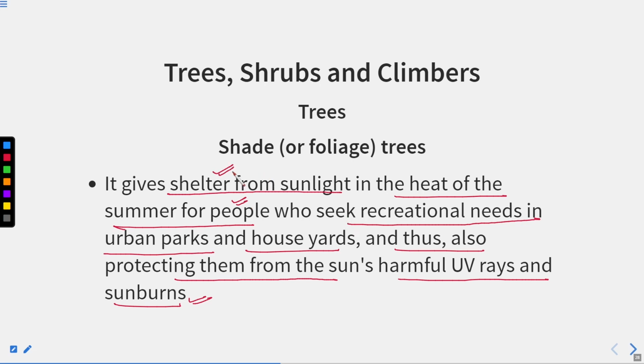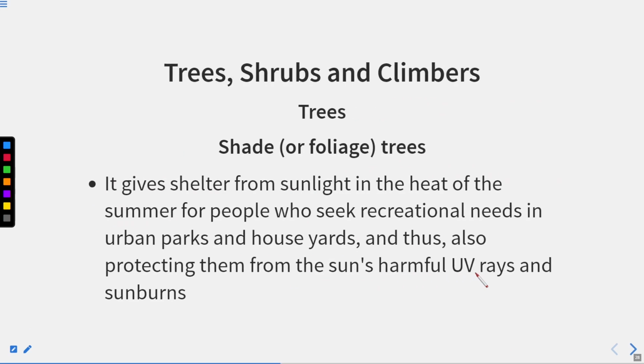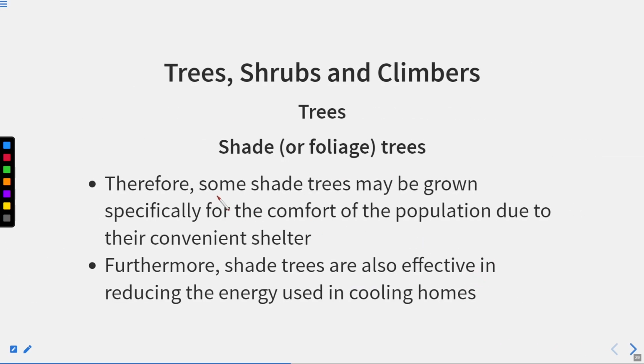So they are not only giving shelter and protection from sunlight to different biodiversity, but they are also protecting people, and we can use these shade trees for our recreational needs. We can go to the park, we can play there, we can sit there, we can relax there, and they are protecting us from the harmful ultraviolet rays also. Therefore, some shade trees may be grown specifically for the comfort of the population due to their convenient shelter.